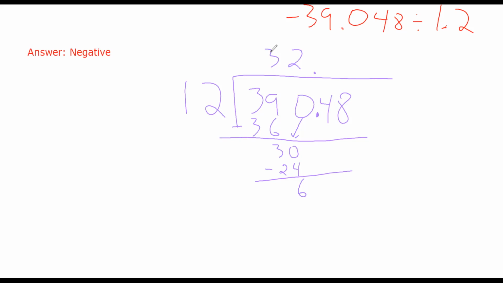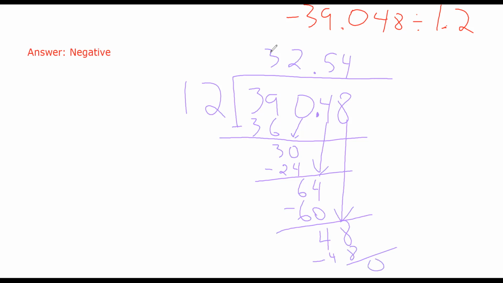The decimal point's already taken care of, so we just bring the 4 down. How many times will 12 go into 64? 5 times. 5 times 12 is 60. And carry the 8. How many times will 12 go into 48? 4 times. And it does so nice and cleanly.